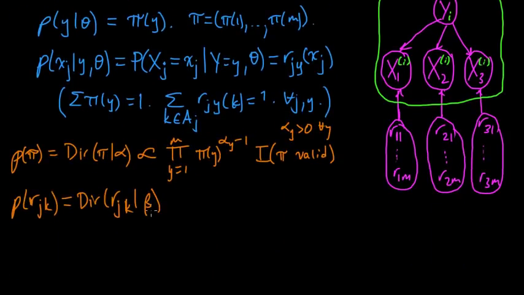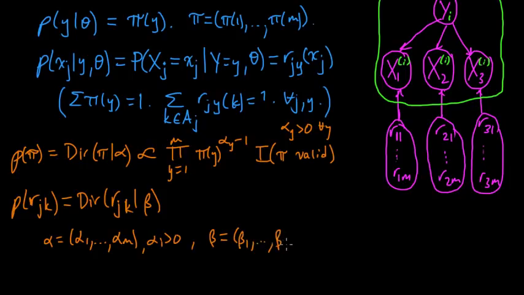And this beta then is going to be, well, alpha was a vector from 1 to m. Each alpha y was strictly positive. And beta is going to be a vector from 1 to capital N, for each of the possible values that each feature could take, and each of the betas is also strictly positive.